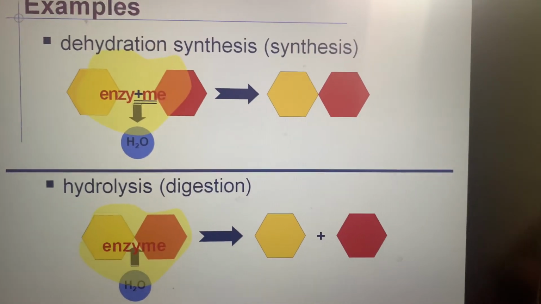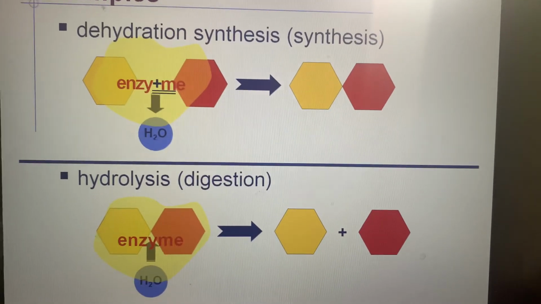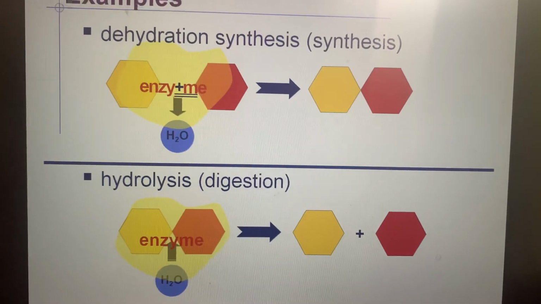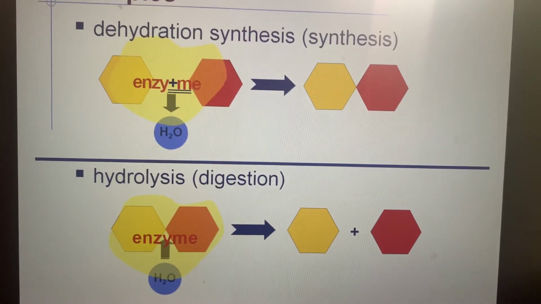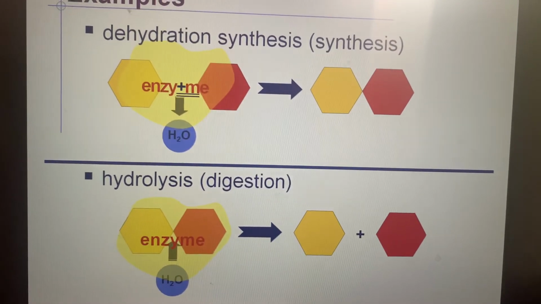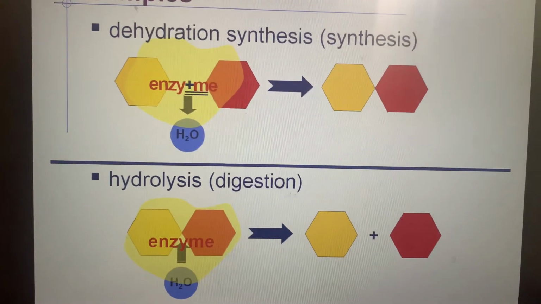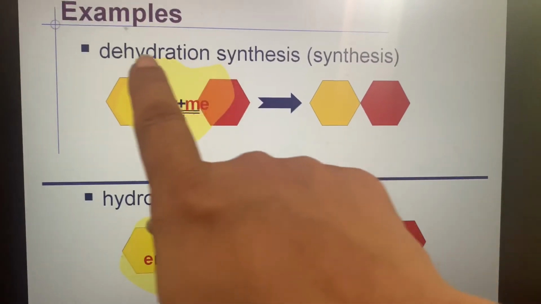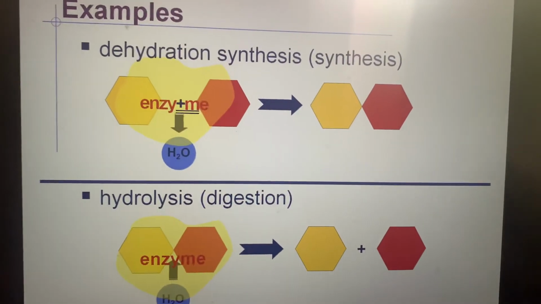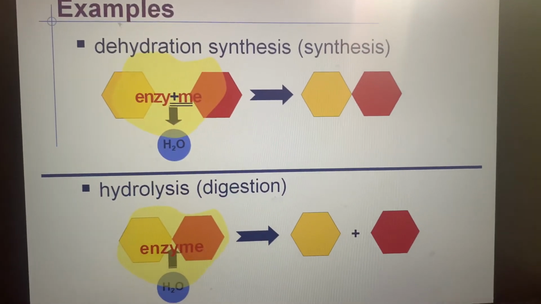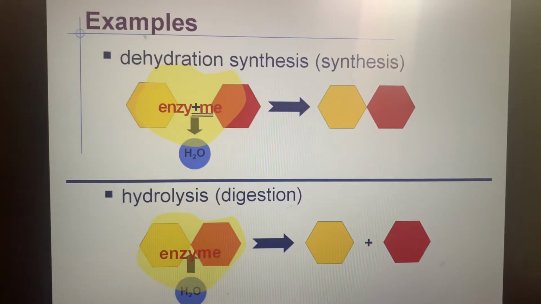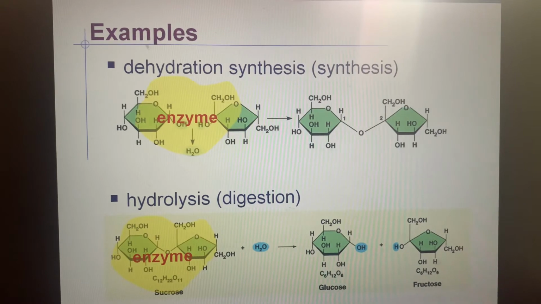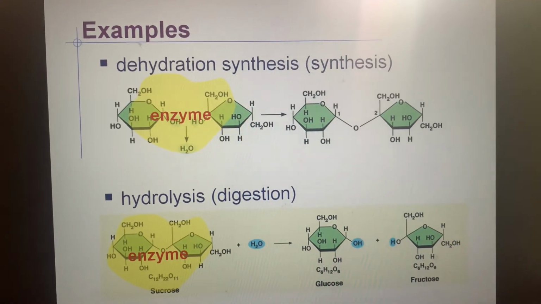In hydrolysis, water is added to a larger molecule and it splits the larger organic molecule into two or several smaller molecules. And you can see in the background the utilization of enzymes to conduct all these reactions. These are anabolic and catabolic reactions.